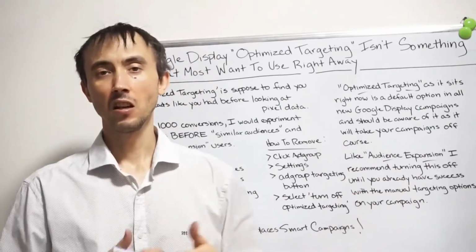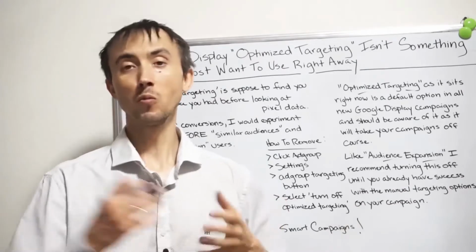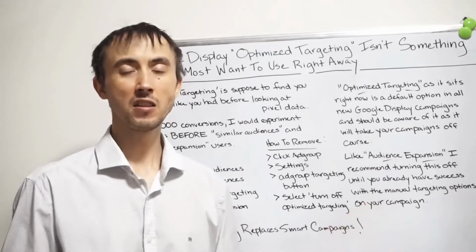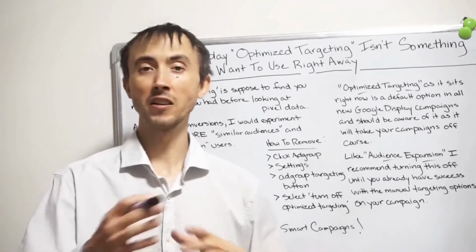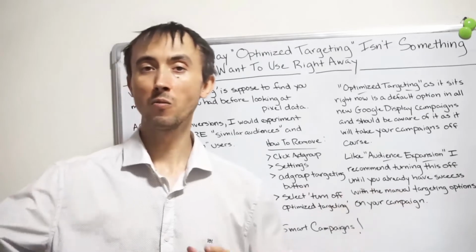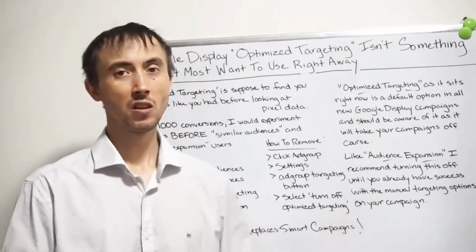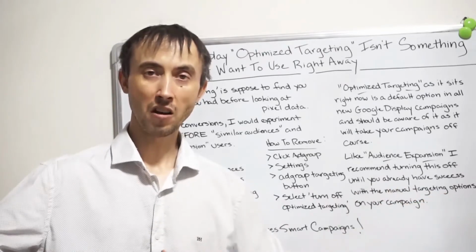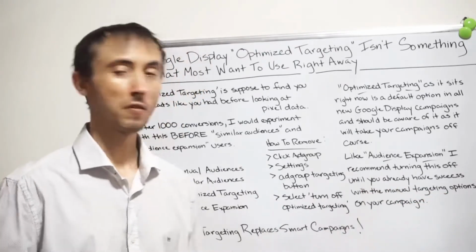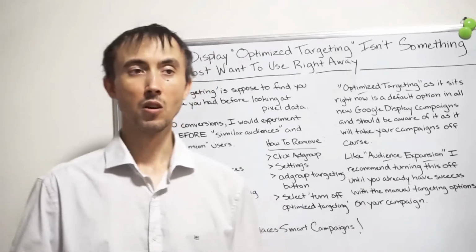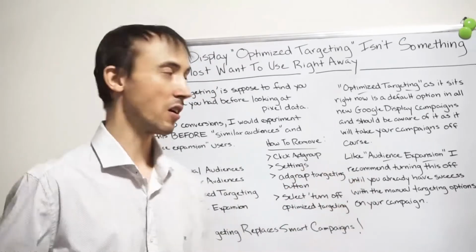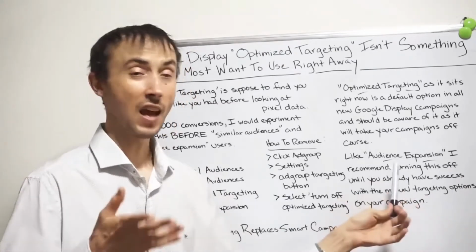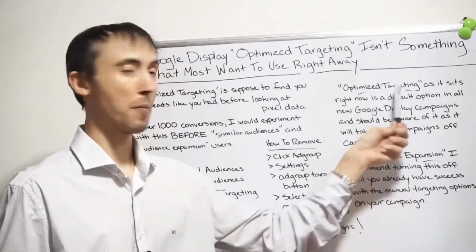And technically, Google should try stuff out and then optimize, but there's no mention that with the audience expansion they're going to, through trial and error, eventually on their own find you the audience expansion and the people that are similar to your targeted audience that are going to work. So you have to be aware of that. There's no gold at the end of the rainbow here necessarily, but that's the actual difference between audience expansion and optimized targeting.